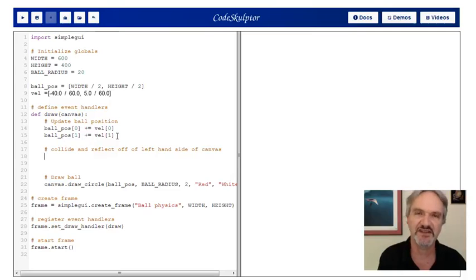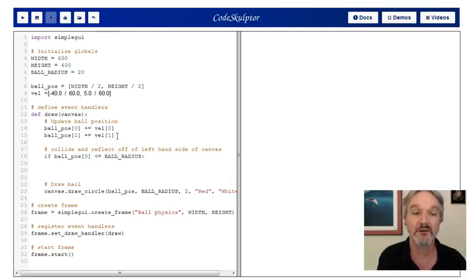So first we need to check to see if the ball actually hit the left-hand side of the canvas. We talked about how to do that. I can say if the horizontal component of the ball's position is less than or equal to the ball's radius, what do we need to do? Well, we need to flip the horizontal component of its velocity. So we need to say vel of 0 is equal to the negative of vel of 0.